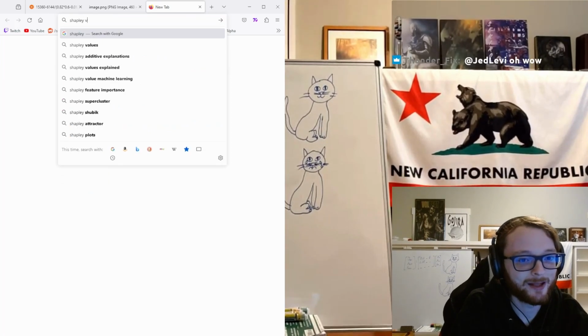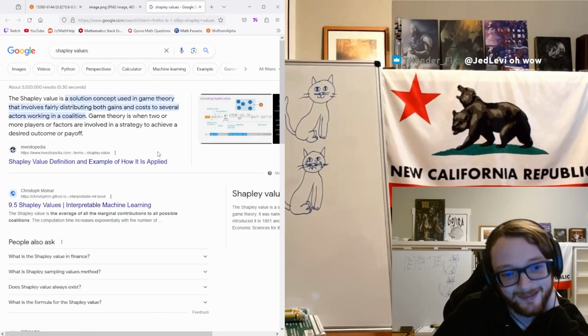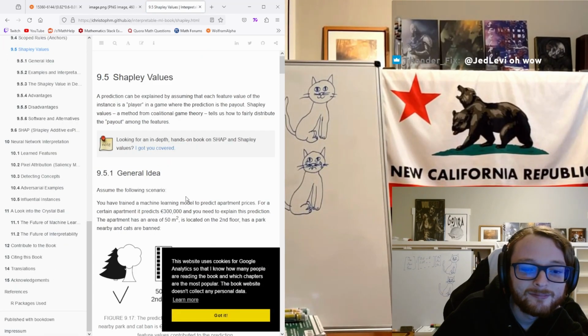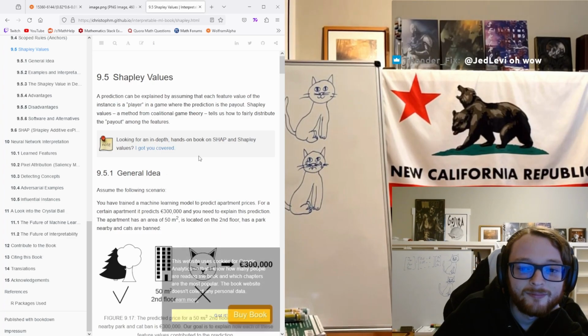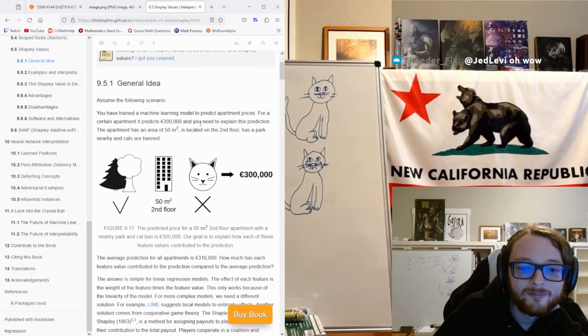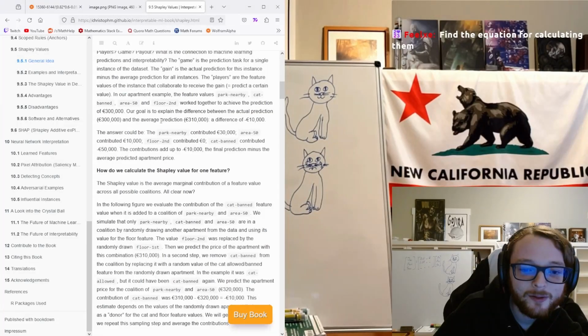Let's see what Shapley values are. The equation for calculating them.